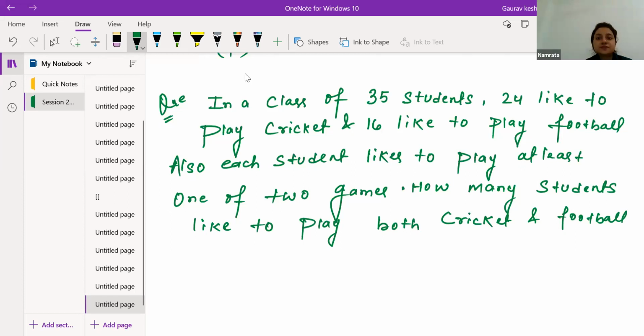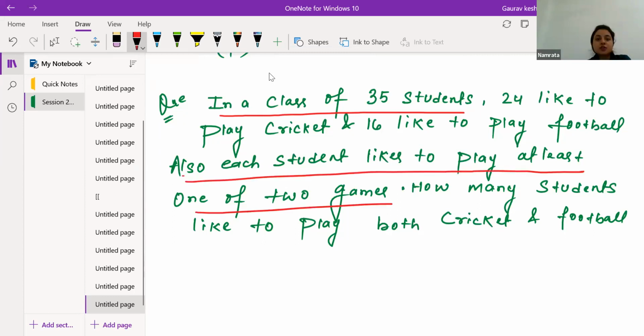Let's read it. So here it says in a class of 35 students, total 35 students are there. You can say that the universal set, the number of elements in the universal set, is 35. But it also says they play at least one of the two games. So whoever is there, they are going to play.